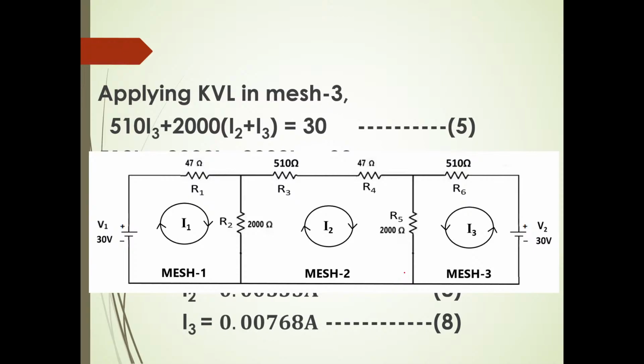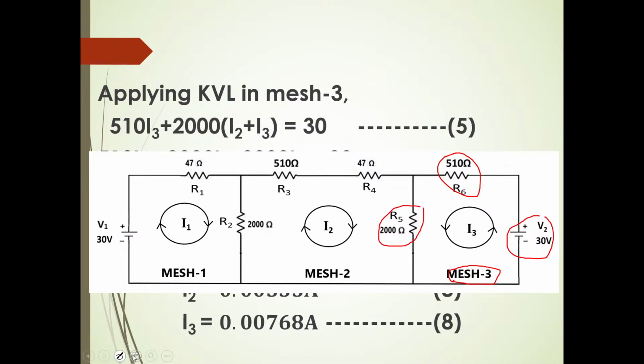Look at the circuit. This is our mesh 3. In mesh 3, what all the elements are there? There is a voltage source V2. There is a resistor R6 of resistance value 510 ohms. Another resistor is there, that is of 2000 ohms, that is R5. So only 3 elements are there in mesh 3.